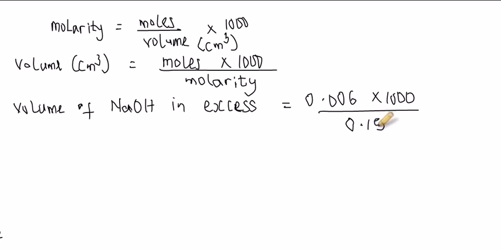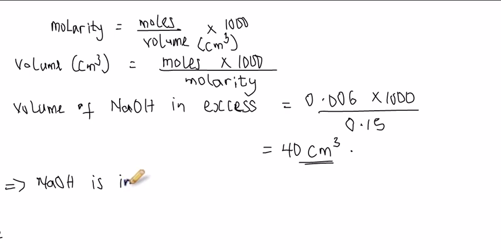So calculating this, we have 40, and the units, don't forget we are dealing with centimeter cube. Then this will serve as the final answer. Hence we can say that sodium hydroxide is in excess by 40 centimeter cube.